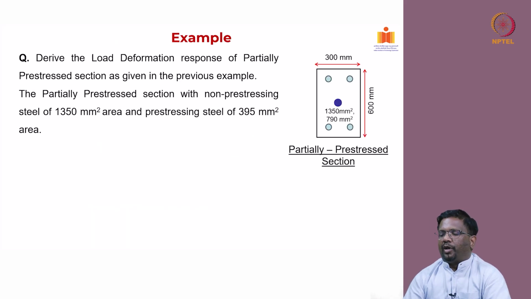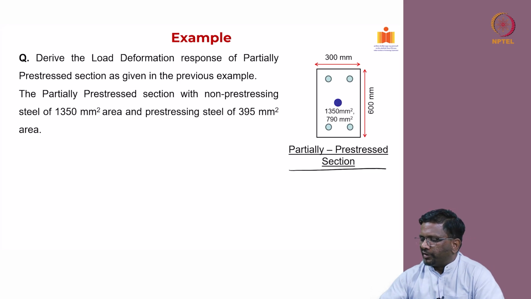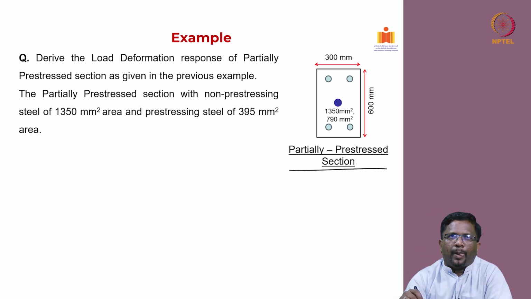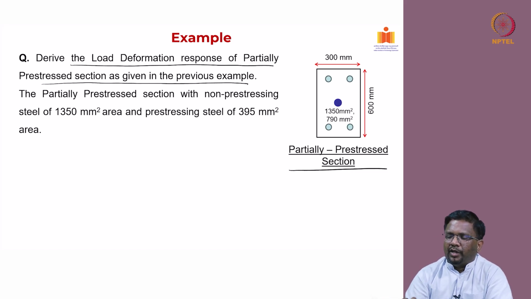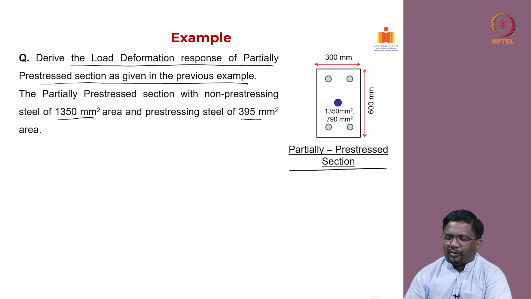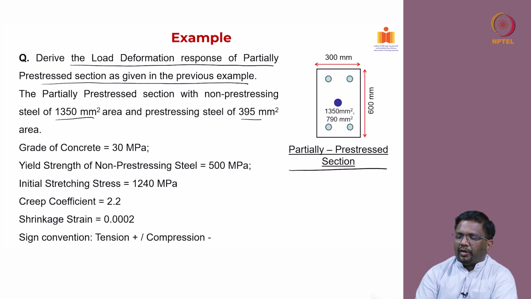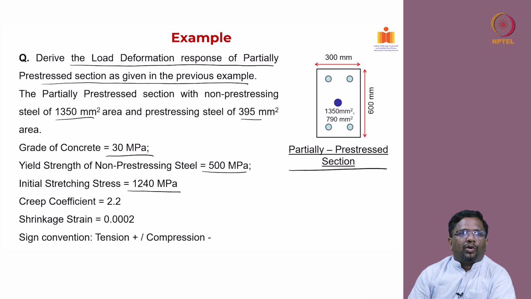Now, let us look at how these effects are considered. Again I am taking the partially pre-stressed section that we discussed previously. We are going to derive the load deformation response for a partially pre-stressed section, with pre-stressing steel of 1350 mm square, 395 mm square, concrete grade of 30 megapascal, and yield strength of non-pre-stressed steel of 500 megapascal, initial stressing stress of 1240, and creep coefficient of 2.2.